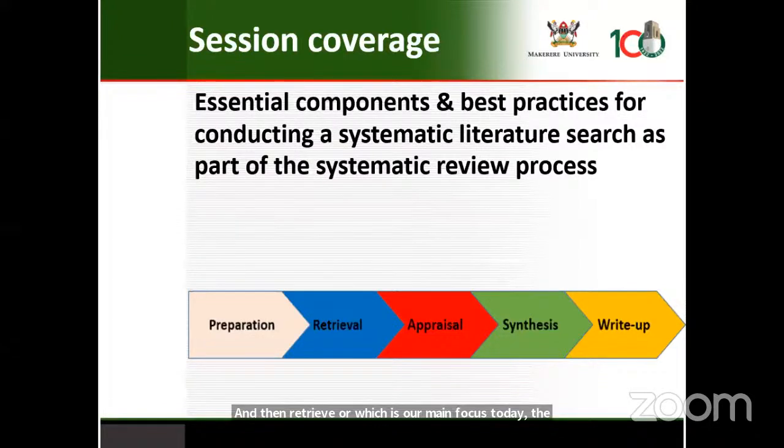That is retrieval of the literature to review, to include in the systematic review. So we'll look at the essential components and best practices for conducting a systematic literature search as part of the systematic review process.